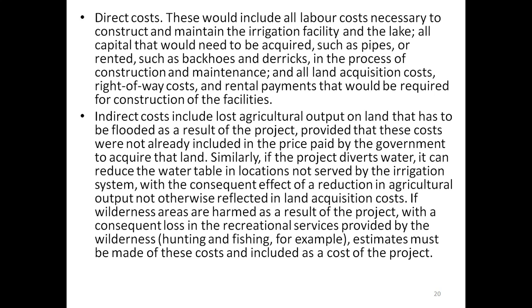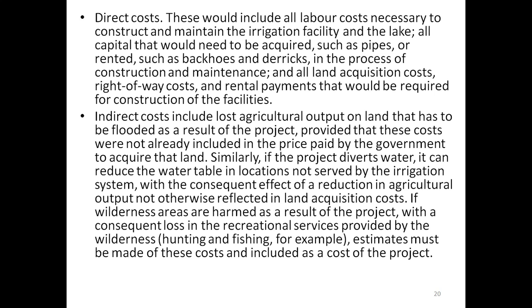Similarly, if the project diverts water, it can reduce the water table in a location not served by the irrigation system, with the consequential effect of a reduction in agricultural output not otherwise reflected in the land acquisition cost.